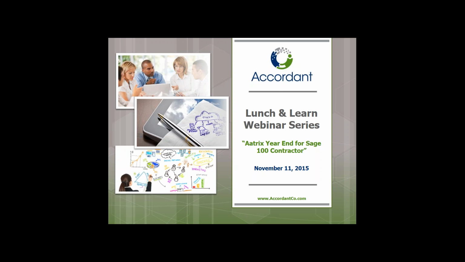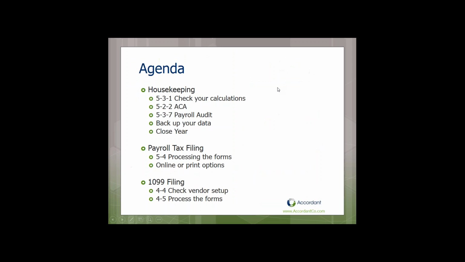Good afternoon, everyone. Today we're going to talk about some year-end housekeeping issues and prepare for the closing of your payroll. The first thing we're going to do is check some calculations. We're going to look a little bit at the Affordable Care Act setup on Sage 100.